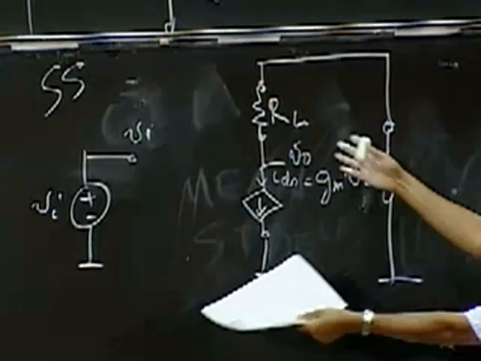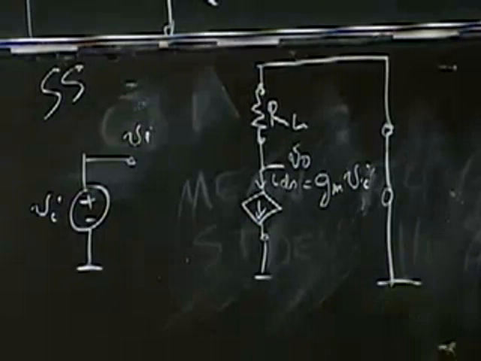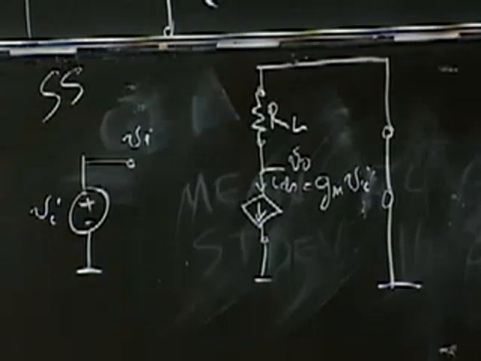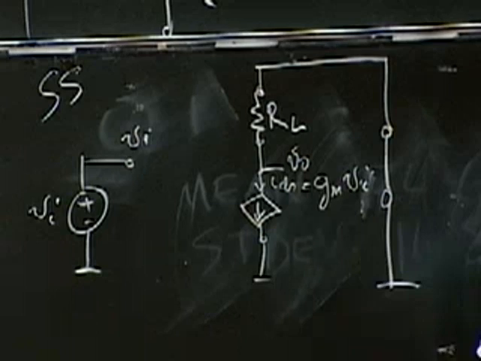Now, these are all linear elements, so I can do a really simple linear analysis. So what method shall we use? Well, this is so simple. I'll just go ahead and use the node method.